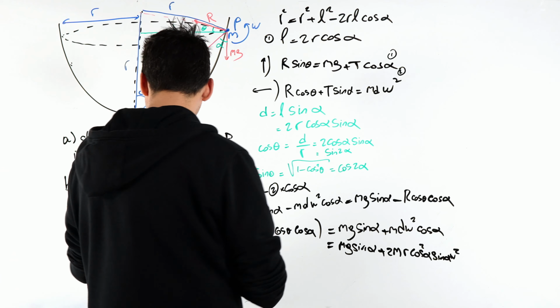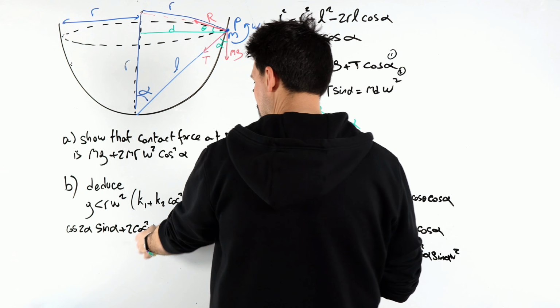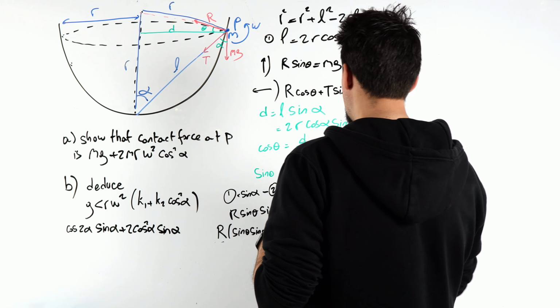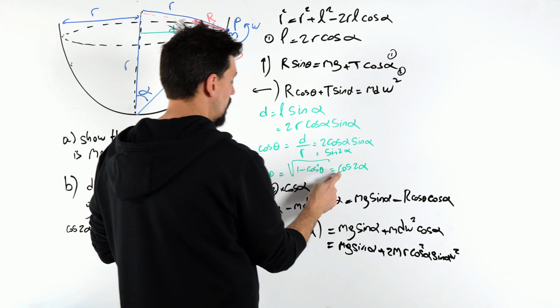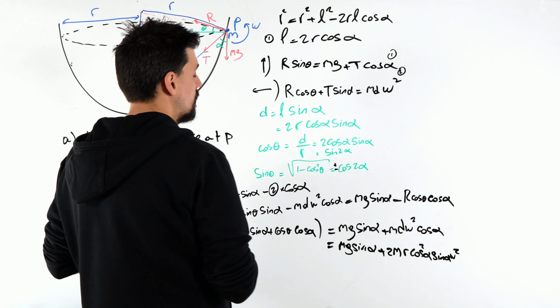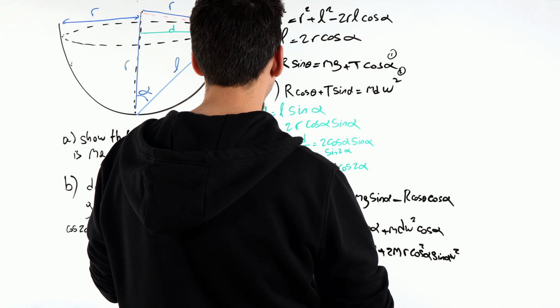If I can just cancel out a sine alpha here, so it's this side here that appears to have gone a little bit wonky. Now, is it because, in fact, this could be a plus or minus? Now, which one do I want?